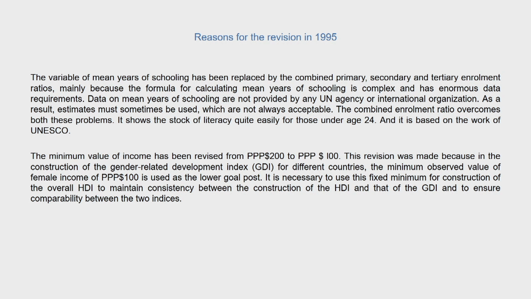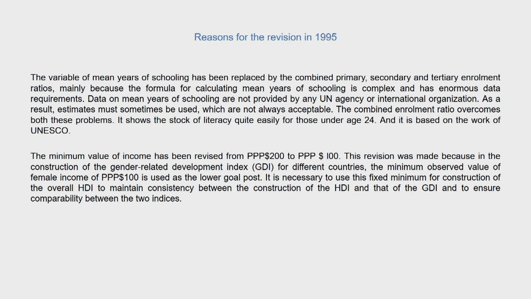So, these are the reasons for the revision in 1995. The variable of mean years of schooling was replaced by the combined primary, secondary and tertiary enrollment ratios, mainly because the formula for calculating mean years of schooling is complex and has enormous data requirements, and data on mean years of schooling are not provided by any UN agency or international organization.